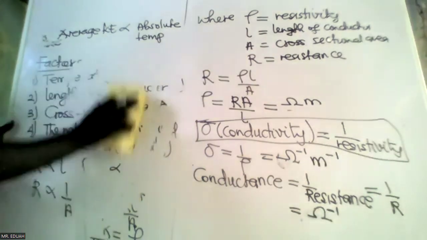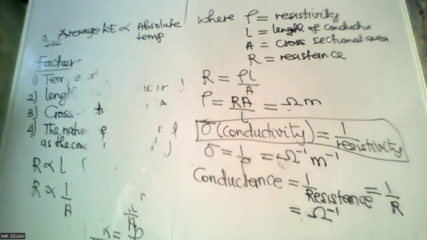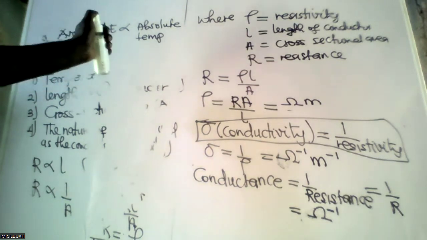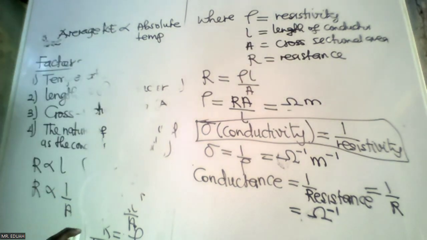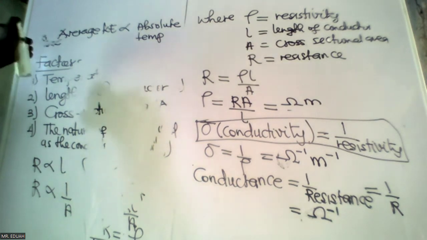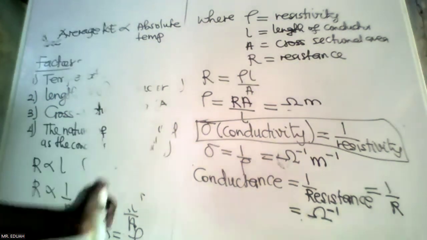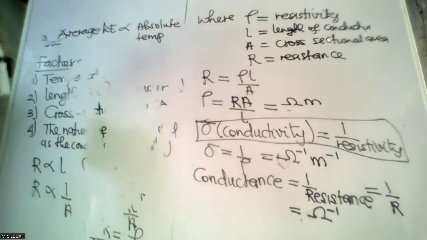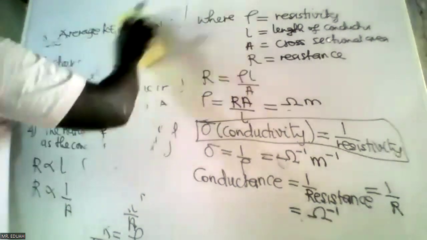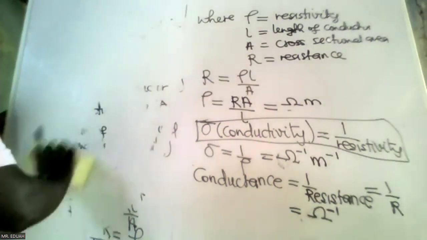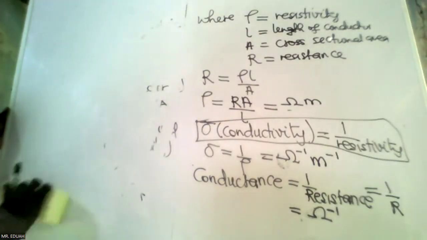But before that, let's look at resistors connected in series and in parallel. Then we apply that to our cells, because the cells would apply resistors.